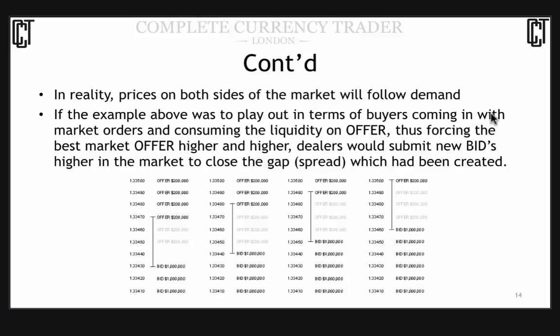So in reality, we've got prices on both sides of the market, and the price is going to follow the demand. If we have the example that we had used earlier, if it was to play out in terms of buyers coming in with market orders and consuming the liquidity on offer, then this would keep forcing the market higher and higher and higher as we're consuming that liquidity. And that could also happen if there's, let's say, a stop order here.